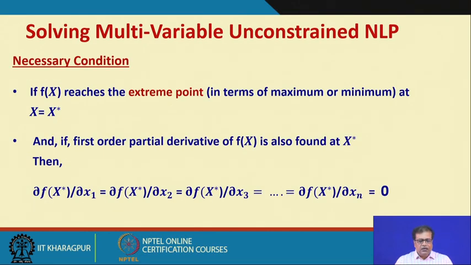So, there are two conditions. One is called the necessary condition in terms of the first order derivatives, but in this case partial derivatives. So, that is our del operator.